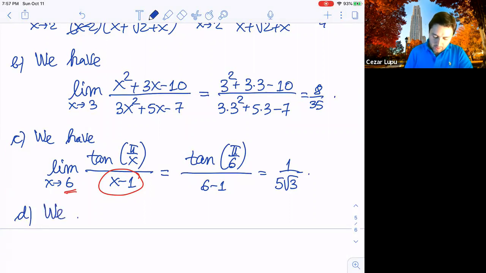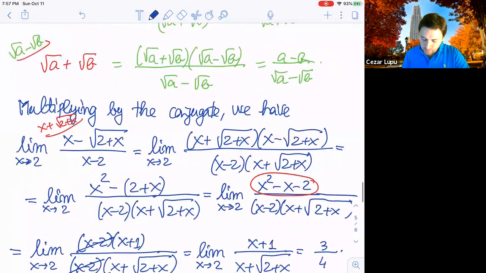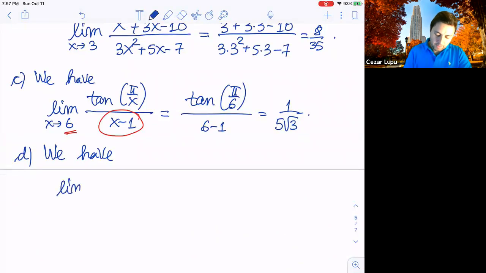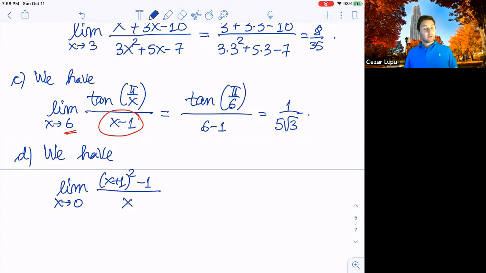And now the last one. So the last one was something like this. Let me look. Okay. So it was lim as x approaches 0 of x plus 1 squared minus 1, everything over x. All right. So let's look at this limit. Let's plug in x equals 0, right?